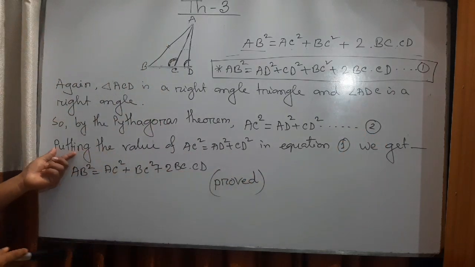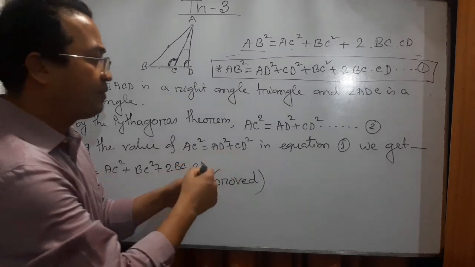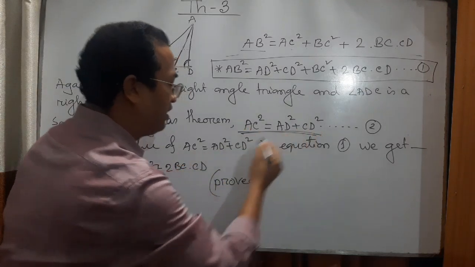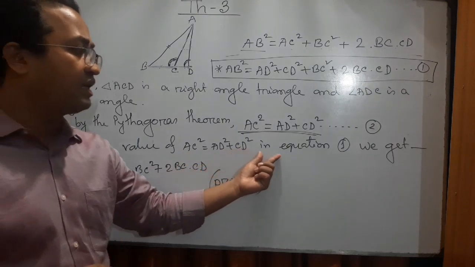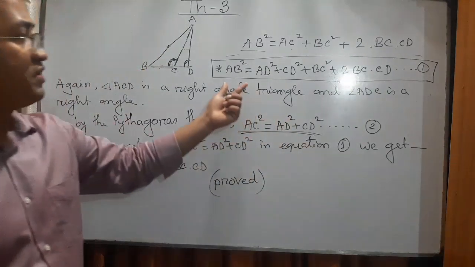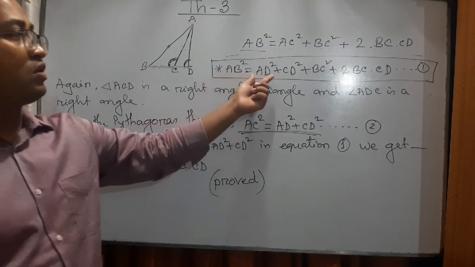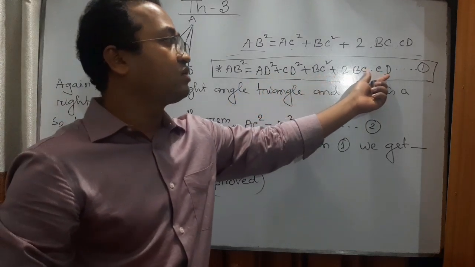Now putting the value of AC square equal to AD square plus CD square in equation number 1. Can you remember equation number 1? Yes, I have written it over there: AB square equals AD square plus CD square plus BC square plus 2BC into CD.